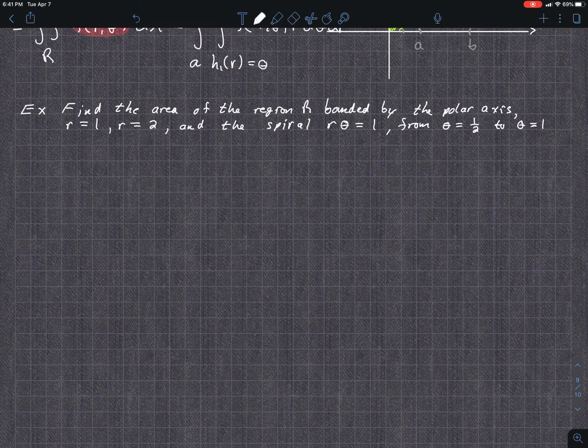And we're going to do that from theta equals 1/2 to theta equals 1.